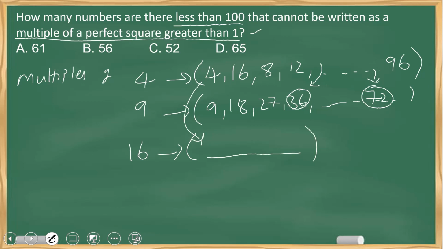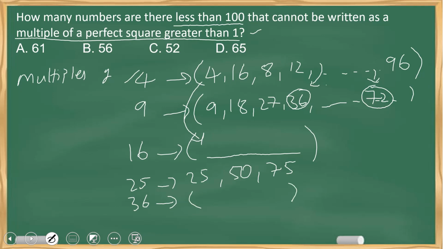So nothing. So 25, that is 25. Next 25 twos are 50 and 50 to 75. So these are the things. So like that, if you count all the perfect squares here, and next 36, all the numbers which are multiples of 36 are already in this, so we will not get any multiples here.